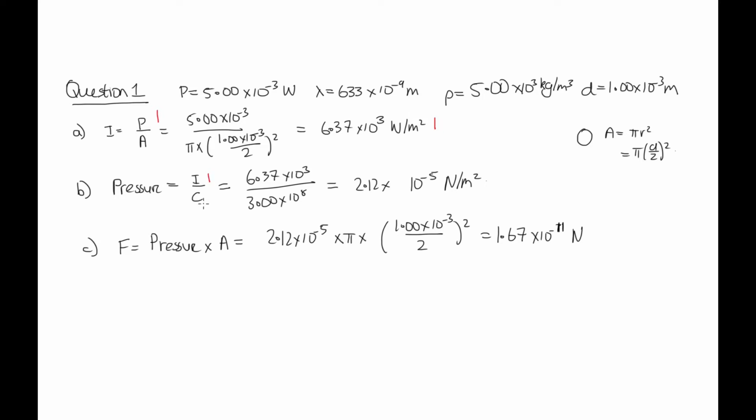So 1 mark for that, and then again 1 mark for getting the correct final answer. For part C, again, 1 mark for realizing which equation we need to use and 1 mark for the correct final answer. We do need to have the correct units here. And so question 1 is out of 6 marks.